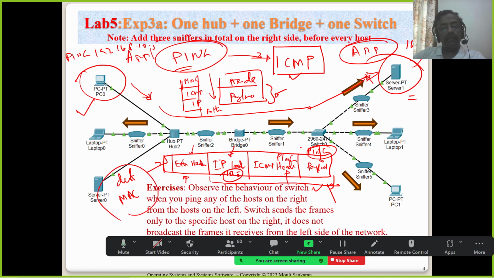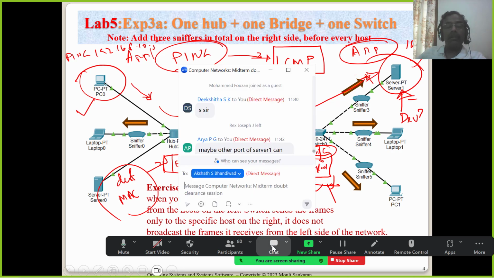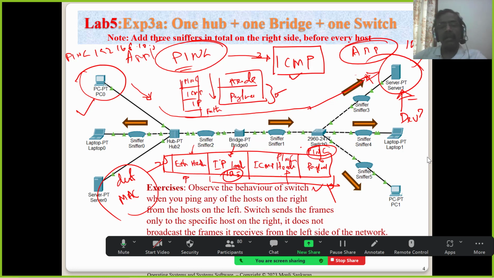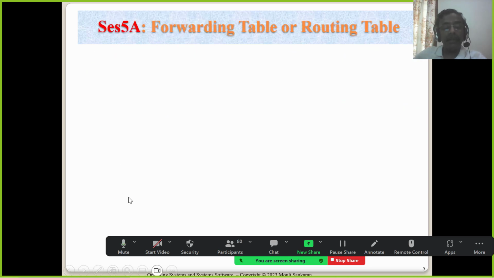Will it put a broadcast MAC address, or will it put the destination MAC address of this device? At least can somebody say yes or no? Will it put the 10.5 device? Avishi is saying yes, because it is not a broadcast packet. It is a ping to a particular guy. So that is going to be the destination MAC address of our device.